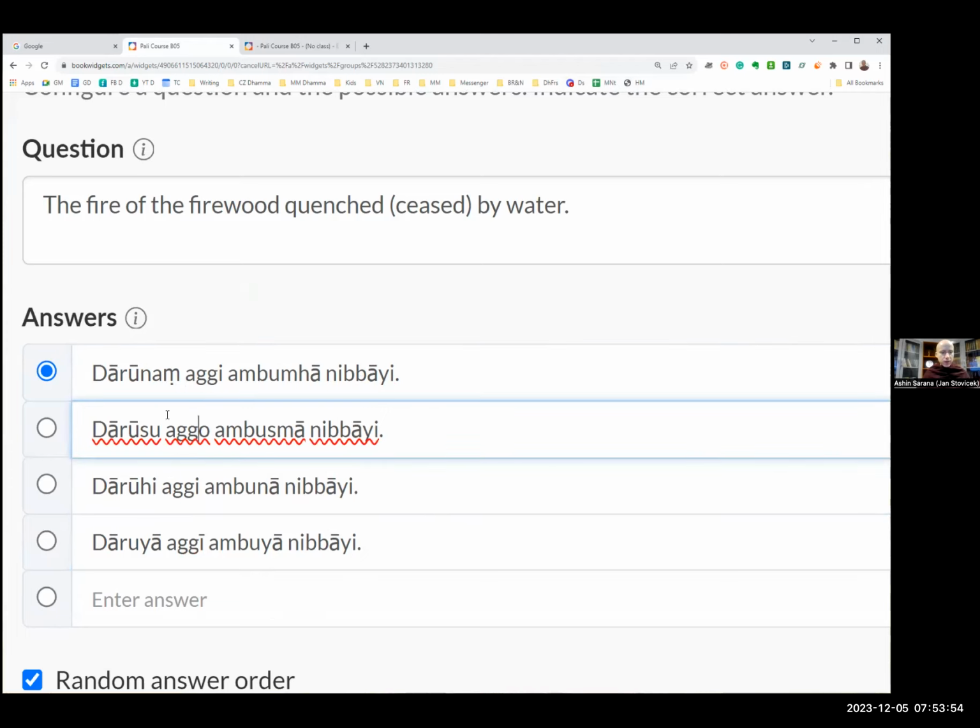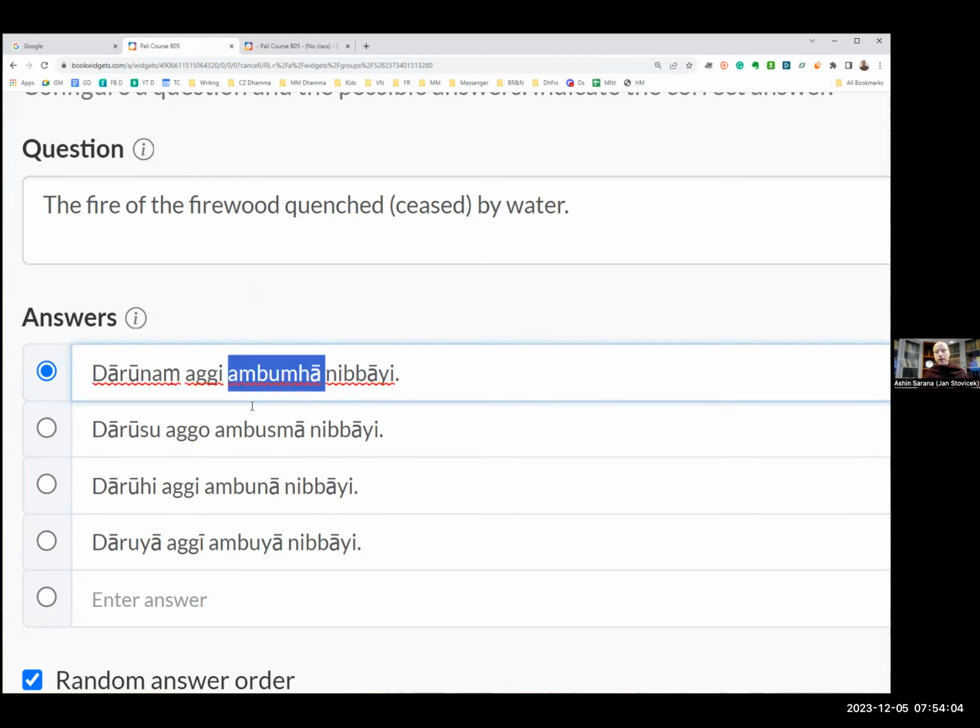Okay. And whether, actually all of them. So darunang aggi ambumha nibbai. All right. So ambumha is because of, or by. So when it is by, it's an instrumental.